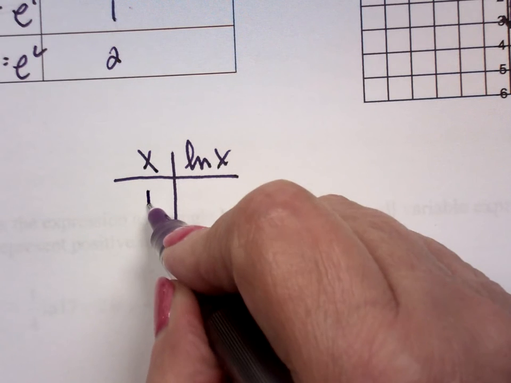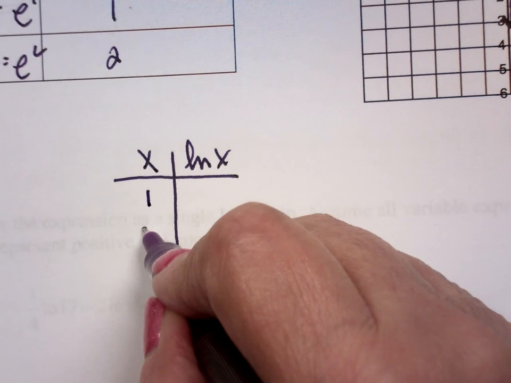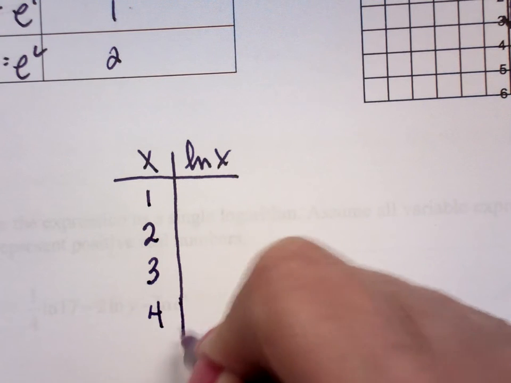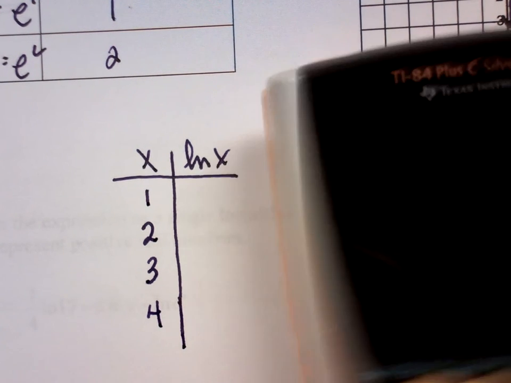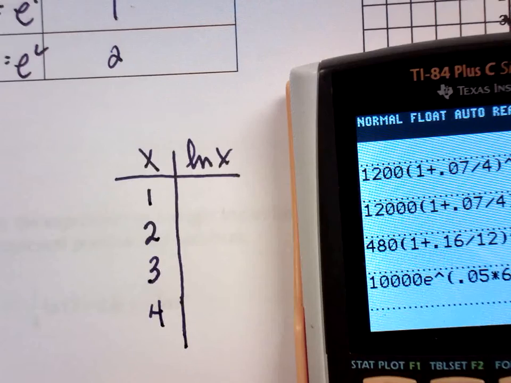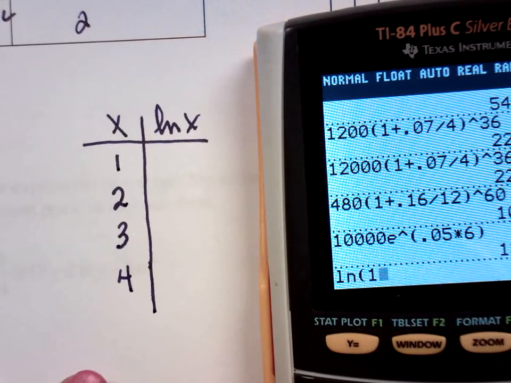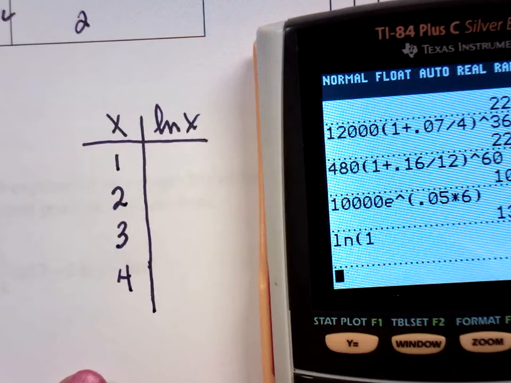So then what would I have to do? I'd start at 1. This is what your book does. 2, 3, 4. And then you take your calculator. Natural log of 1 is 0.